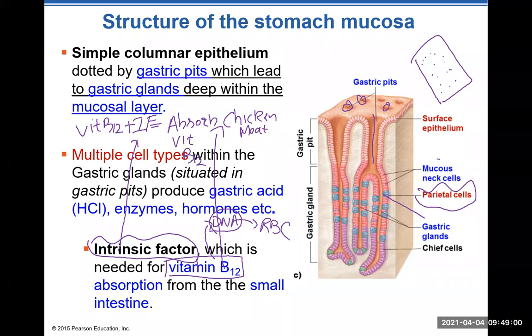This intrinsic factor is produced by your parietal cells. God forbid, people who have ulcers in the stomach, if their parietal cells are damaged, they cannot produce intrinsic factor and cannot absorb vitamin B12.